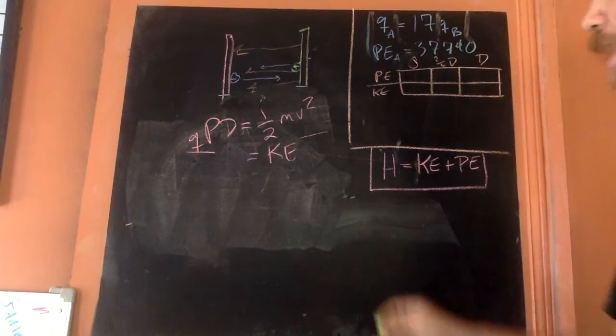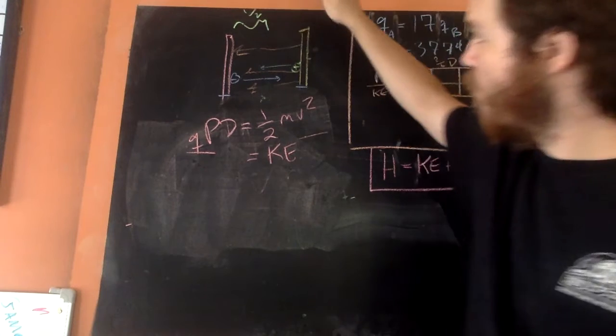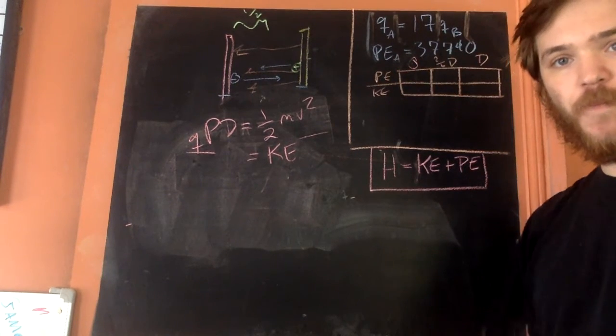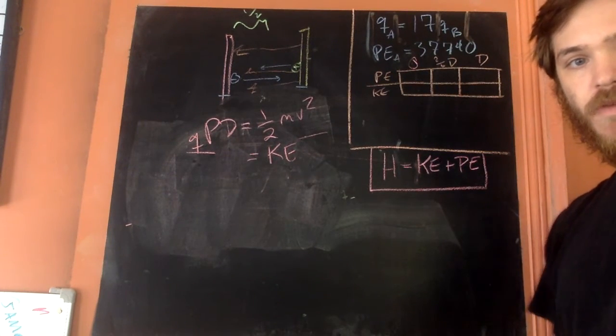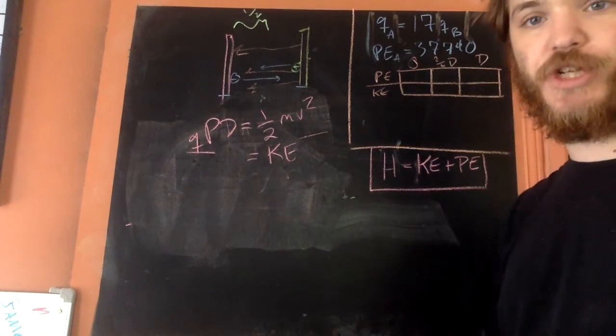So let's do that real quick. Let's say I've traveled half the distance from plate A to plate B. Then what I have is half of my potential energy has been converted into kinetic energy.